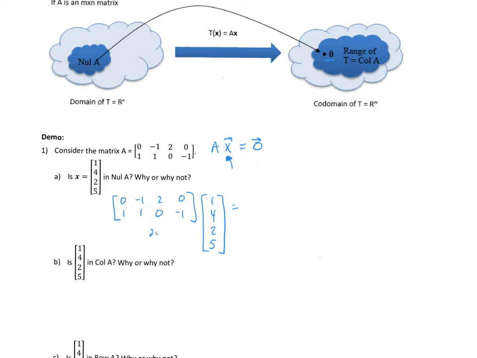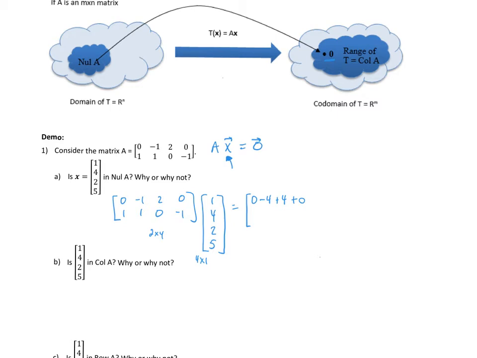So this is a 2 by 4, this is a 4 by 1. I can multiply them because the inner dimensions match, and my result should be a 2 by 1, 2 rows, 1 column. Okay, so we multiply these, the first row times the column vector, and we get 0 minus 4 plus 4 plus 0.